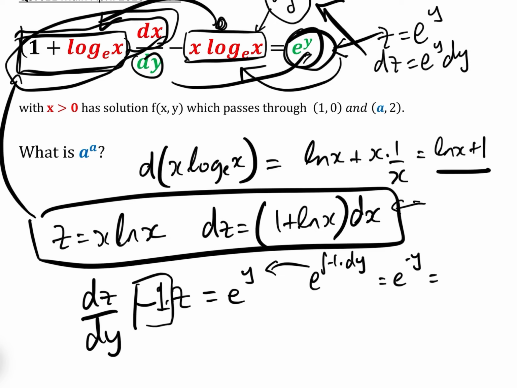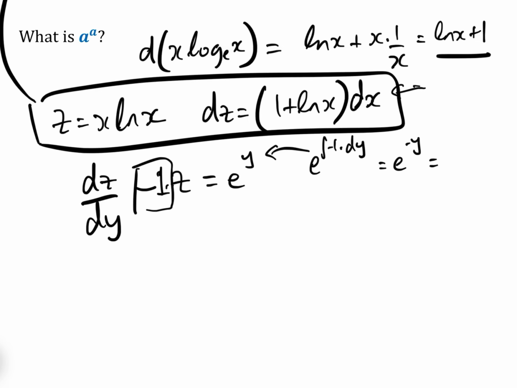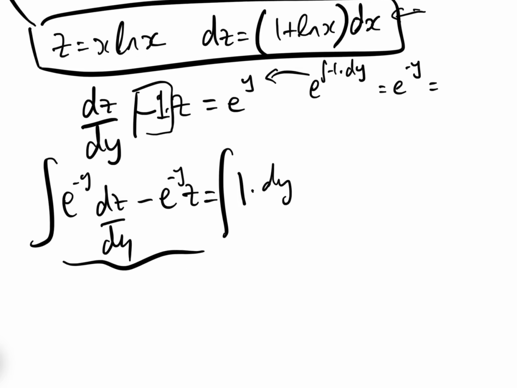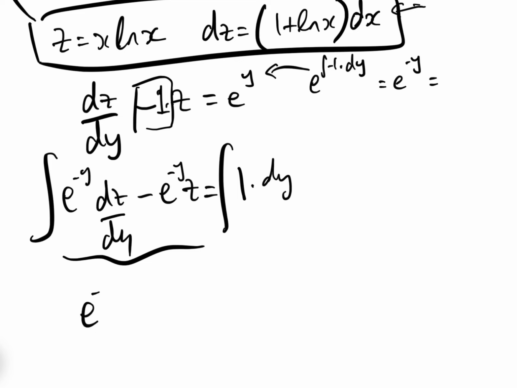Okay, so therefore we multiply: e to the minus y dz dy minus e to the minus y z equals 1. And then when we integrate both sides with respect to y, this side here comes to be e to the minus y z, and this side here becomes y plus c.